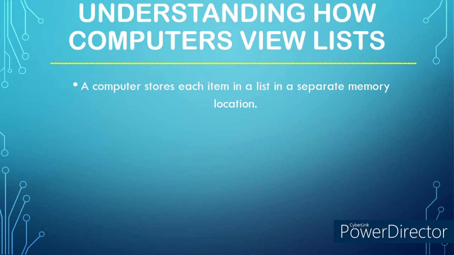In many respects, the computer uses something like a mailbox to hold your list. The list as a whole is the mail holder. As you add items, the computer places it in the next mailbox within the mail holder. Just as the mailboxes are numbered in a mail holder, the memory slots used for a list are numbered.